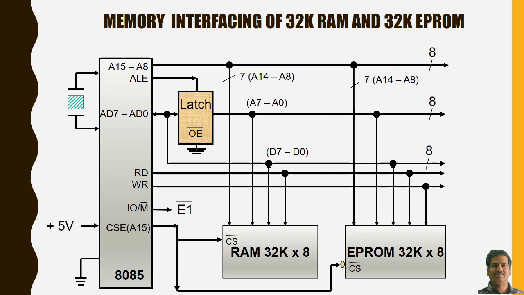This is the typical memory interfacing of 32K RAM and 32K EEPROM. In case of RAM, since it is a random access memory, we don't use the WR bar signal. So WR bar active low write command is not given to RAM, and for EEPROM we have given the WR bar as well.